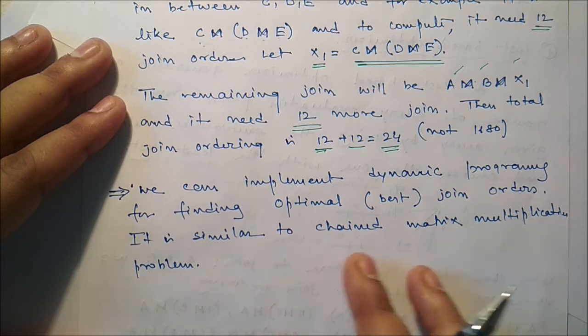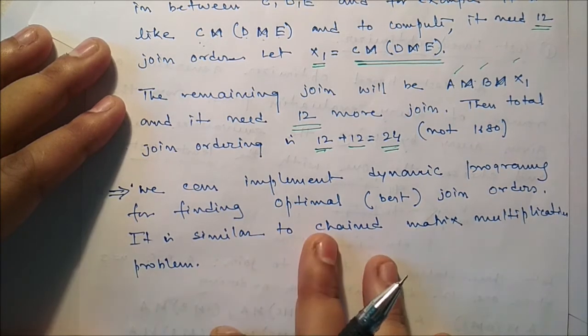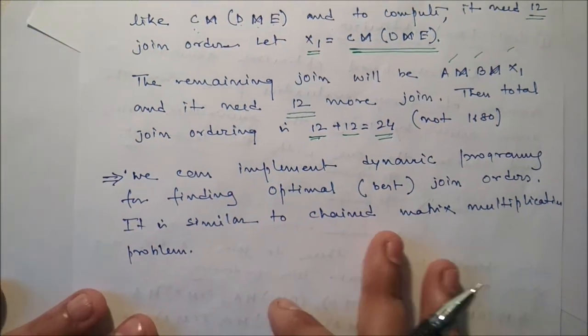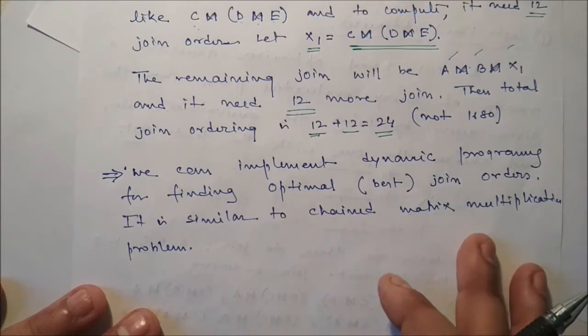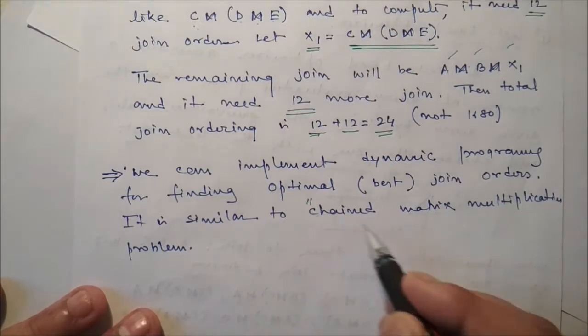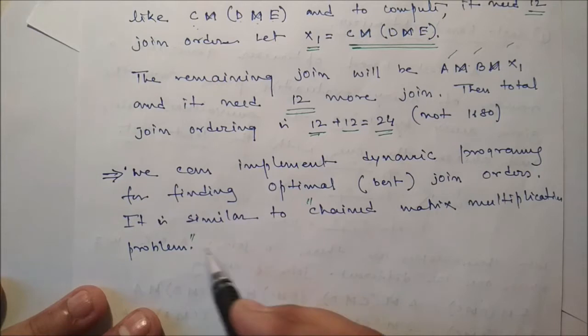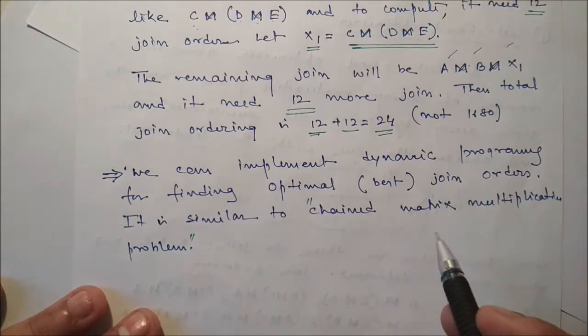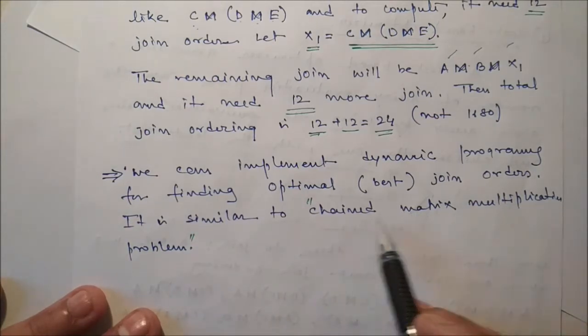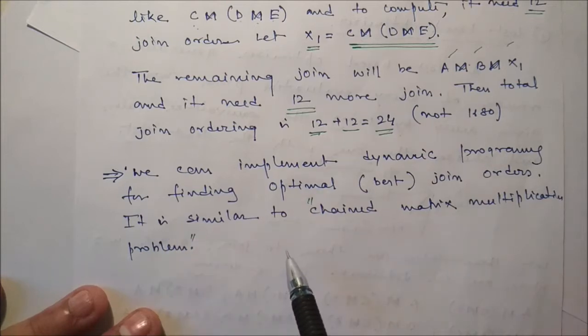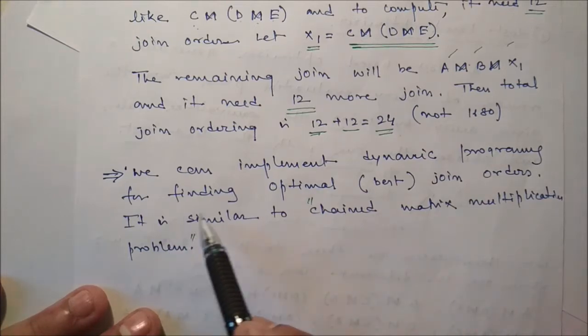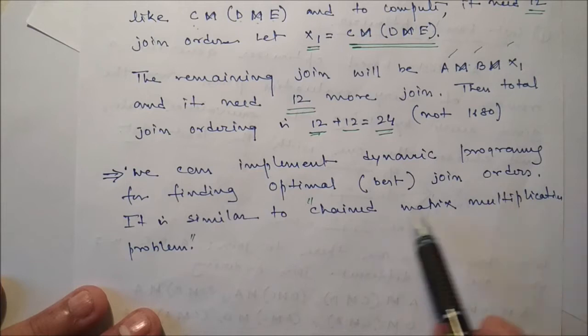It is similar to the chain matrix multiplication problem. If you have already completed the algorithm subject, there is one problem called chain matrix multiplication, and it is similar to that. You can watch our video on chain matrix multiplication. So to identify the best optimal join order, we can implement dynamic programming.